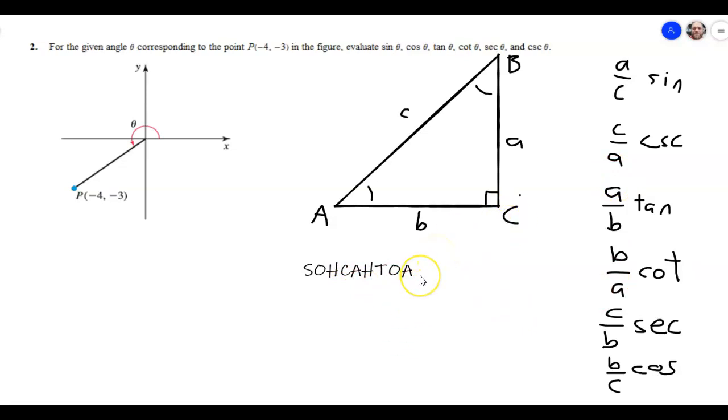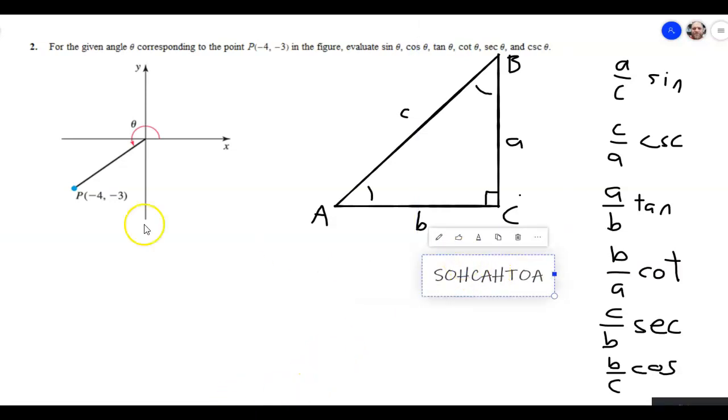All right, so now that we have all of that out of the way, let's go ahead and solve this problem. We have a point here, we draw a straight line from the origin to that point, and it says evaluate all of the trig functions of theta.